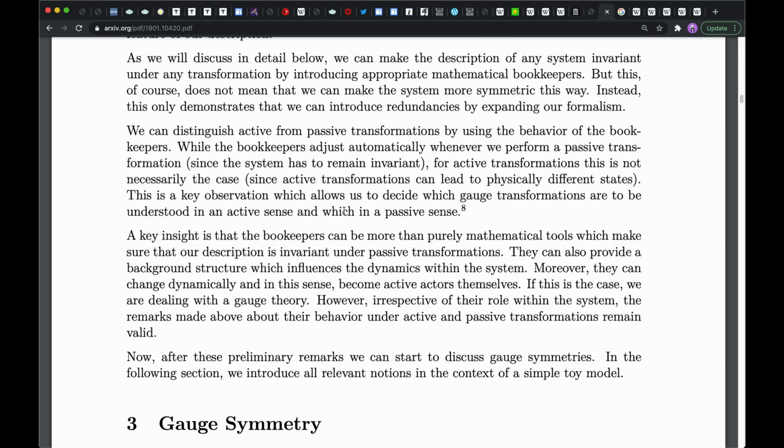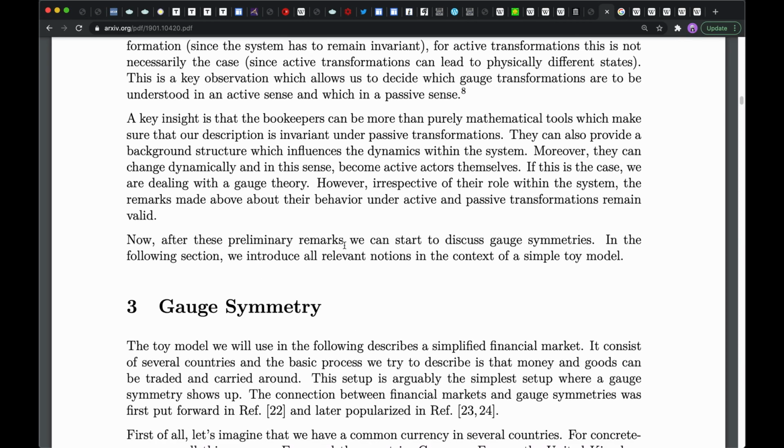We don't change the coordinates, we change something in the system, but anyway, it is not measurable in the real world. We will talk about that a bit later. But anyway, you just need to grasp that division between active and passive, and symmetries versus redundancies, and that's enough.